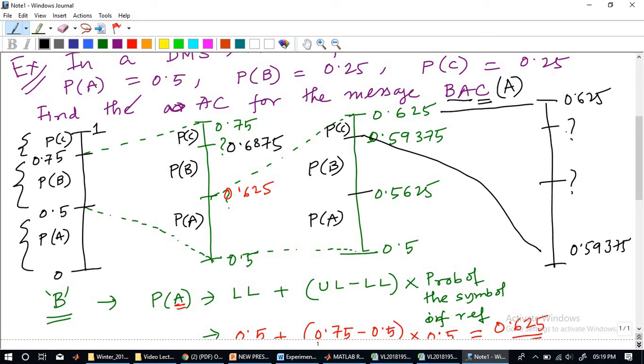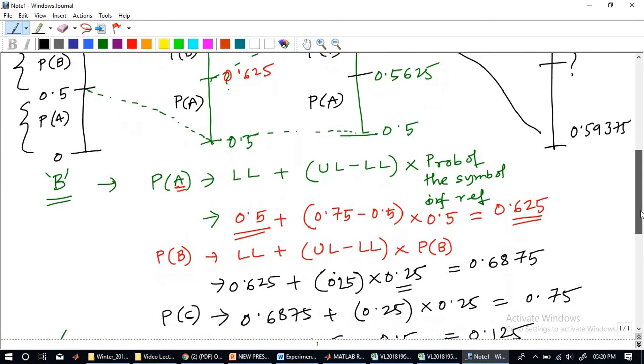So if C is the end symbol, we can keep the division up till this point, where the lower limit is 0.59375 and the upper limit is 0.625. Then what is the arithmetic code? The rule is, ideally, the code word can be any value or any tag value within the range of 0.59375 to 0.625. So basically, we will conclude this way.